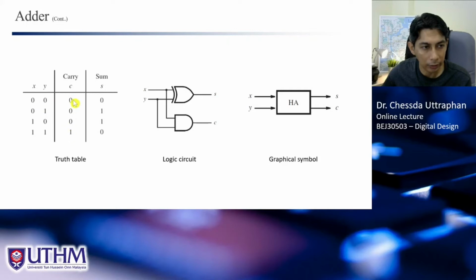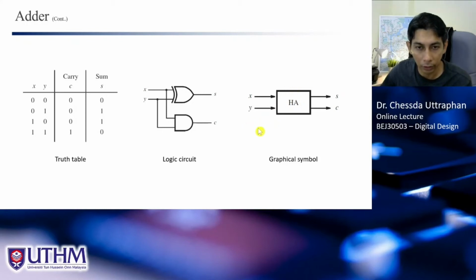Because you see 0 0 gives 0, and 1 1 gives 1. And 0 0 gives 0, and 0 1 or 1 0 gives 1, and 1 1 gives 0. This is exactly the XOR behavior. And yes, we have the circuit that can calculate now, which is called a half adder.